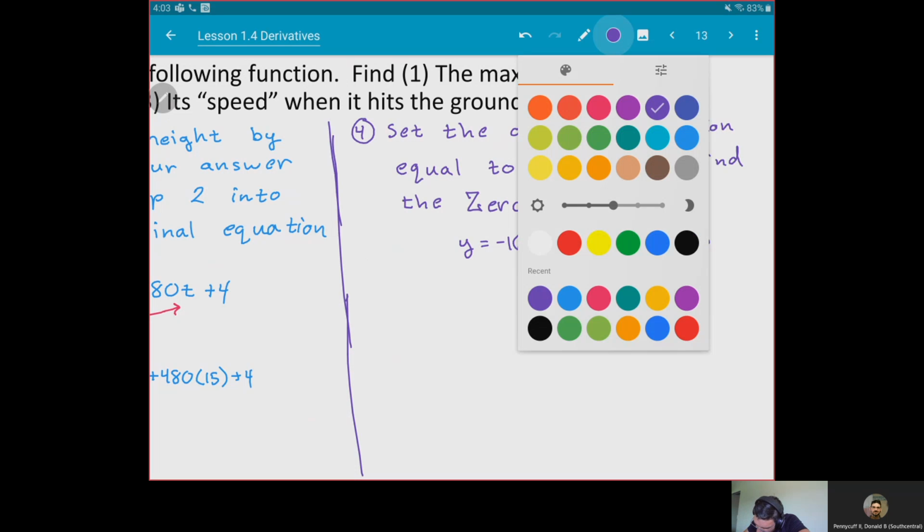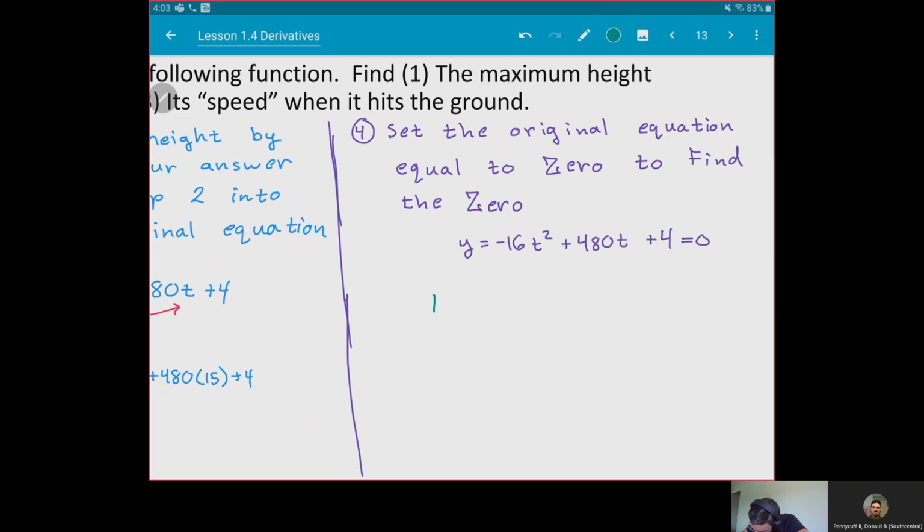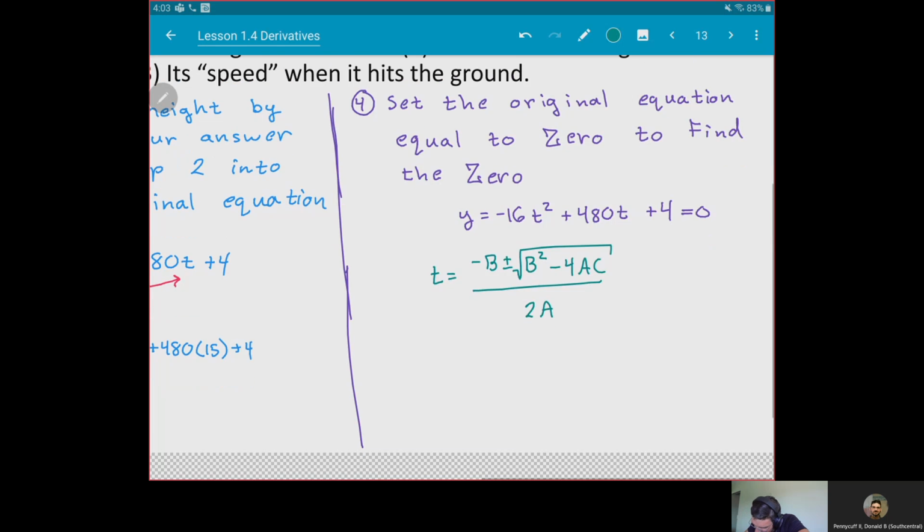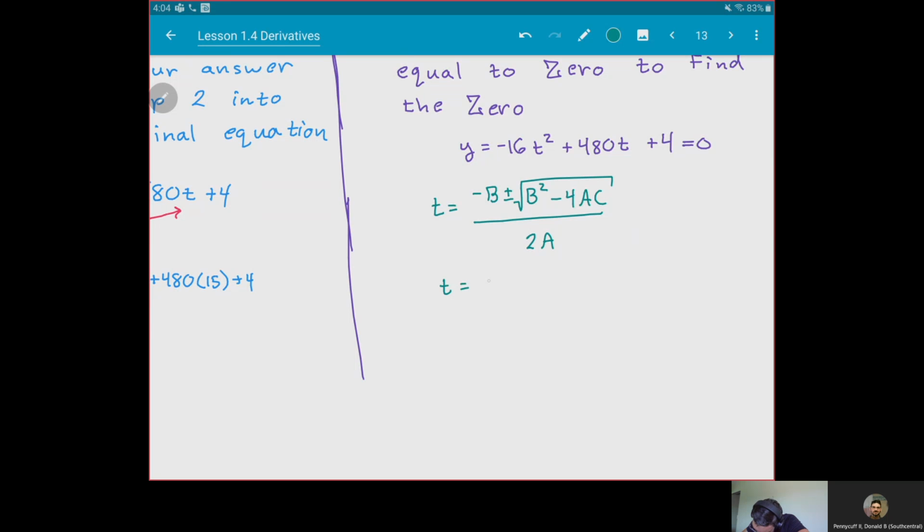Set that equal to 0. And then I'm going to use the quadratic formula to solve this. And that's going to be t equals negative b plus or minus the square root of b squared minus 4ac, over 2a. So t is equal to negative 480 plus or minus the square root of 480 squared minus 4 times negative 16 times 4, all over 2 times negative 16.